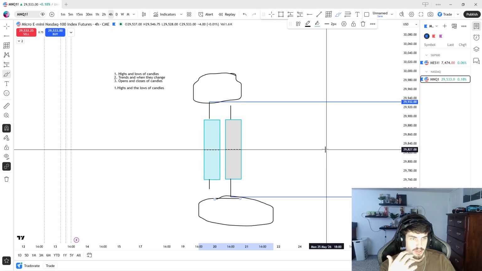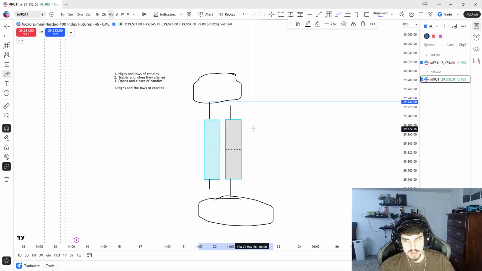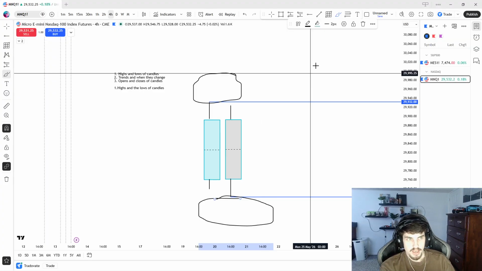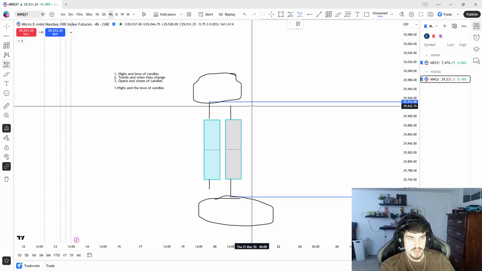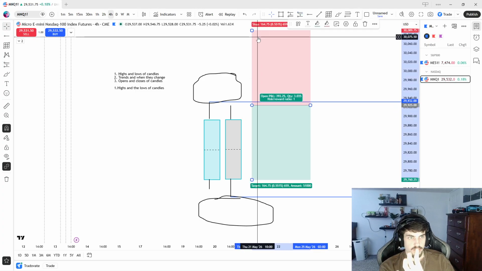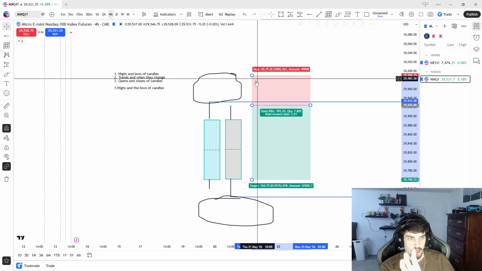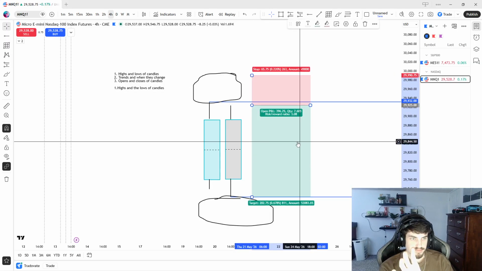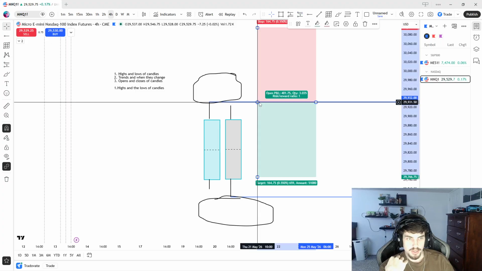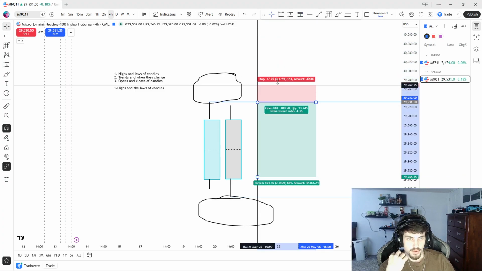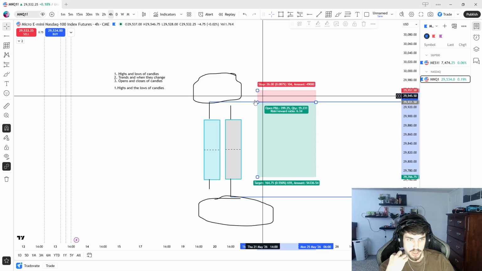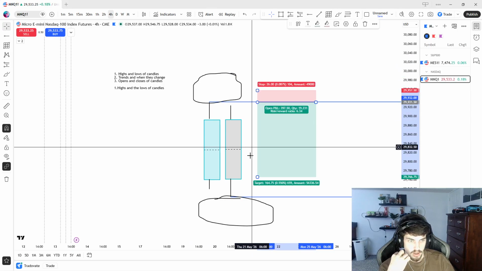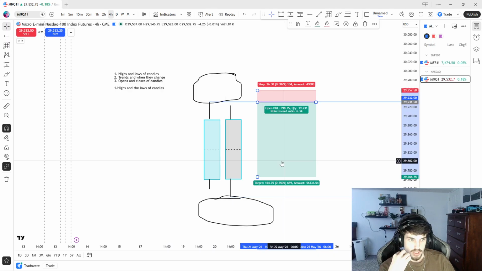And why is this? That is because when you're trading, you always have a stop loss and a take profit. When you set a stop loss, people in the retail world will put their stop loss somewhere above these highs or somewhere below these lows if they're going long.